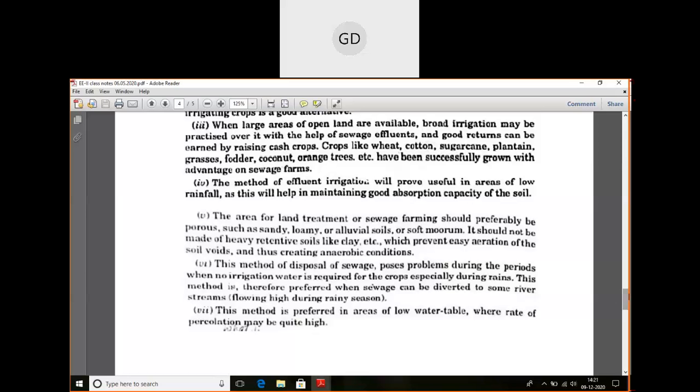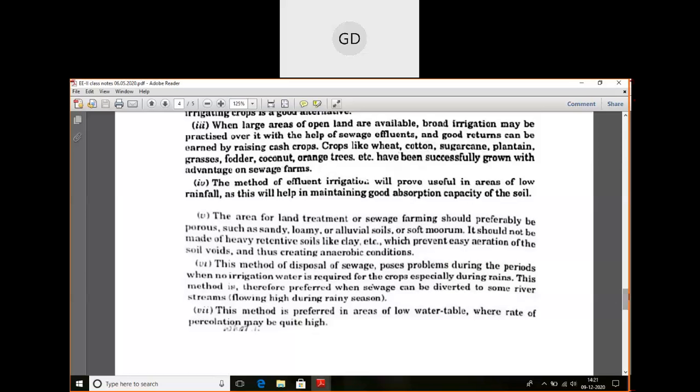Number 6: this method of disposal of sewage poses problems during the periods when no irrigation water is required for the crop, especially during rains. This method is therefore preferred when sewage can be diverted to some river streams.